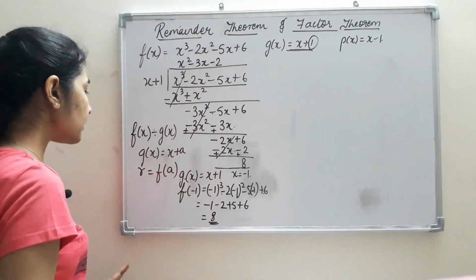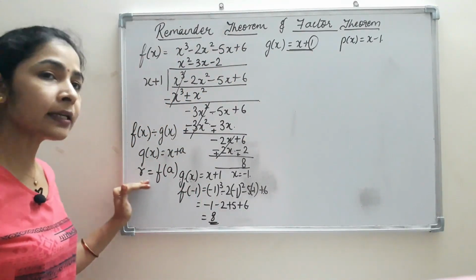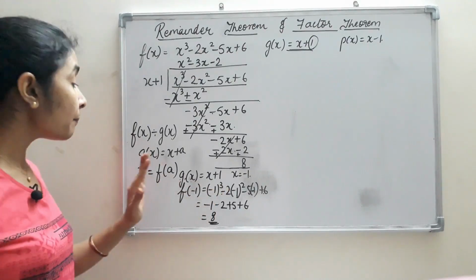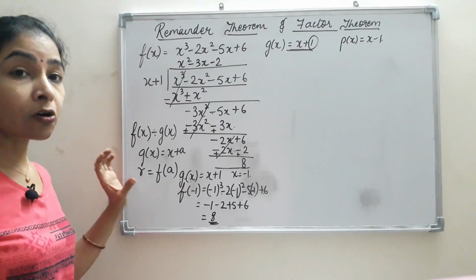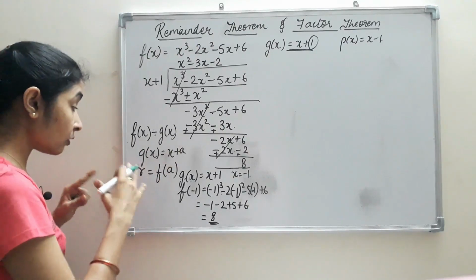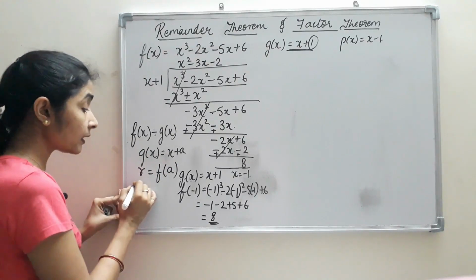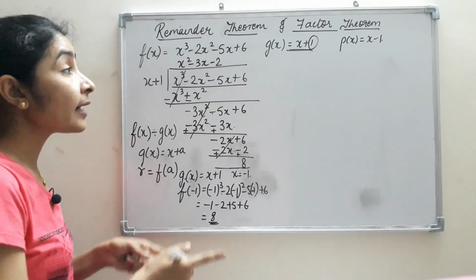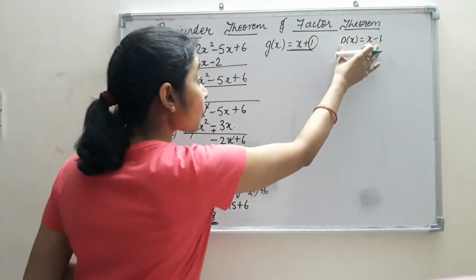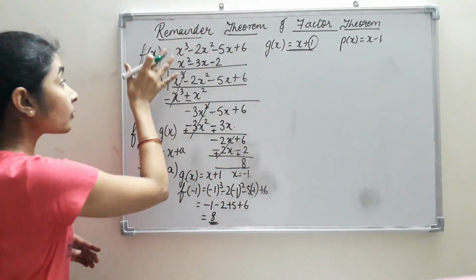The factor theorem says that yes, the remainder is the function of a, but it also says that if the remainder is equal to 0, then this polynomial p(x) is a factor of f(x).